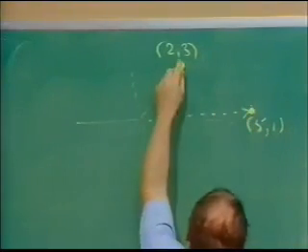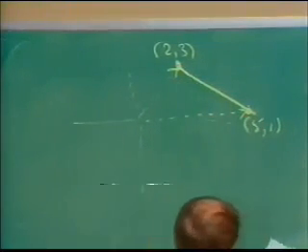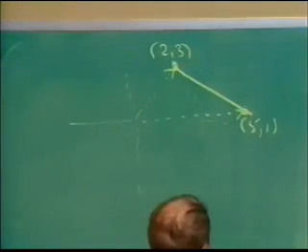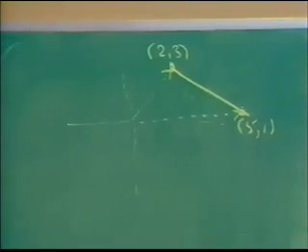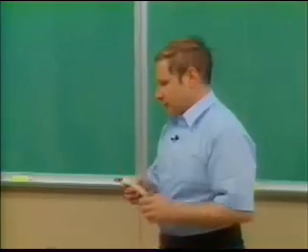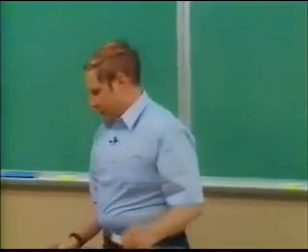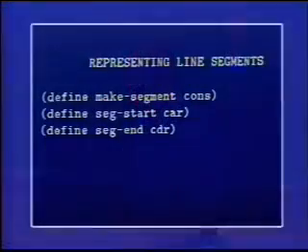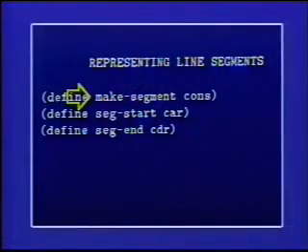If we want to represent that line segment, then we can build that as a pair of pairs. So again, we can represent line segments. We can make a constructor that makes a segment using cons, selects out the start of a segment, selects out the endpoint of a segment.